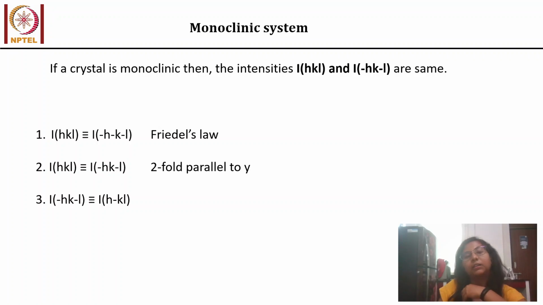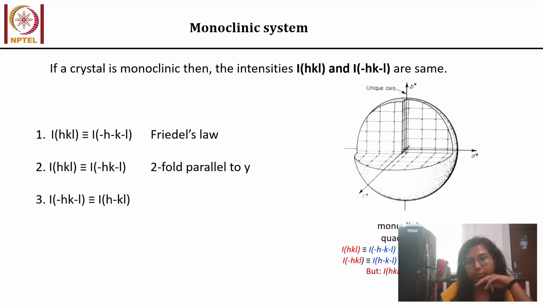If the crystal is monoclinic, there is a twofold symmetry in the system. Triclinic means there is a one-fold symmetry. Monoclinic means there is a twofold symmetry in the system. So if the crystal is monoclinic, then we will have a twofold axis, and it is considered that the B axis is the unique axis. You can see then in the reciprocal space the B star will become a unique axis.